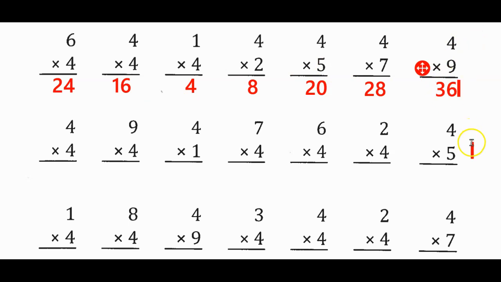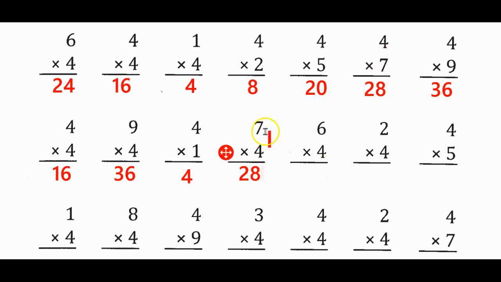4 times 8 is 32. And I don't see one yet. All right, 4 times 9 is 36. 4 times 4? 16, because look, I have it here already. 9 times 4? Isn't 9 times 4 and 4 times 9 the same thing? Yes. I write, you write, correct? 4 times 7? 28.